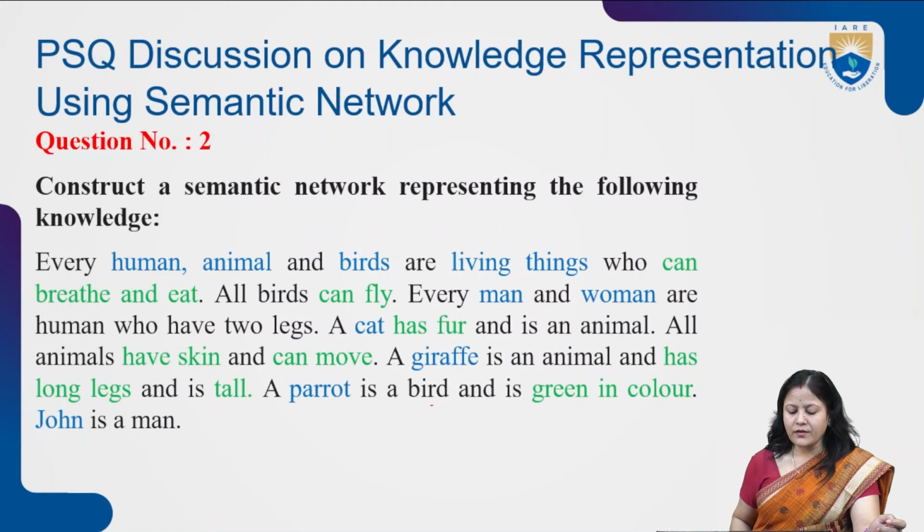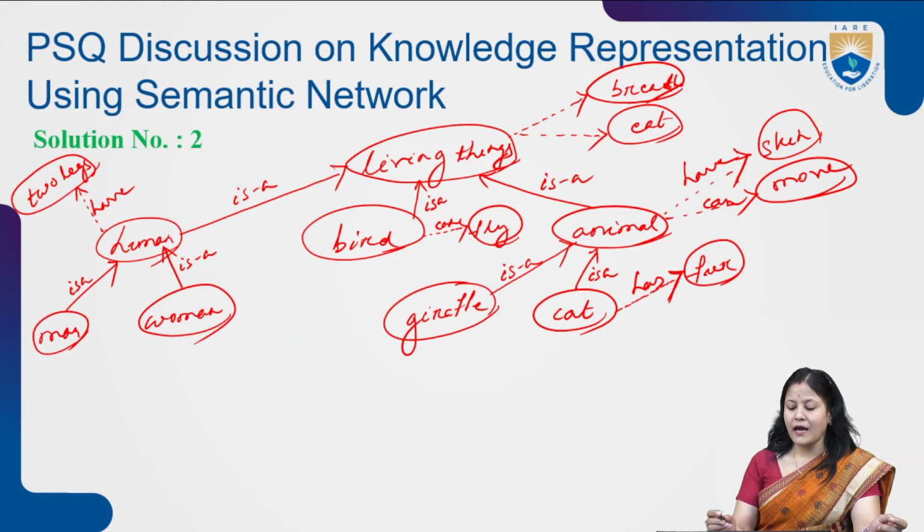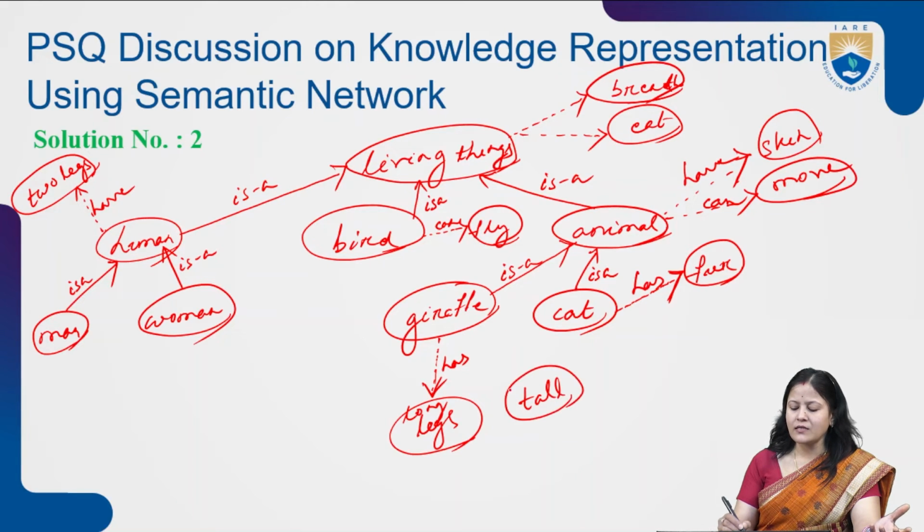After that, giraffe has long legs. So long legs is an attribute of the giraffe, and we can represent it with a dotted arrow mark. And giraffe is tall, so tall is also an attribute of the giraffe, represented with a dotted arrow mark. Giraffe is tall, giraffe has long legs.